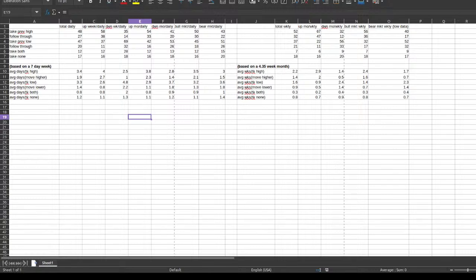It's possible. It's doable. But to be honest, I don't think that we have enough data.